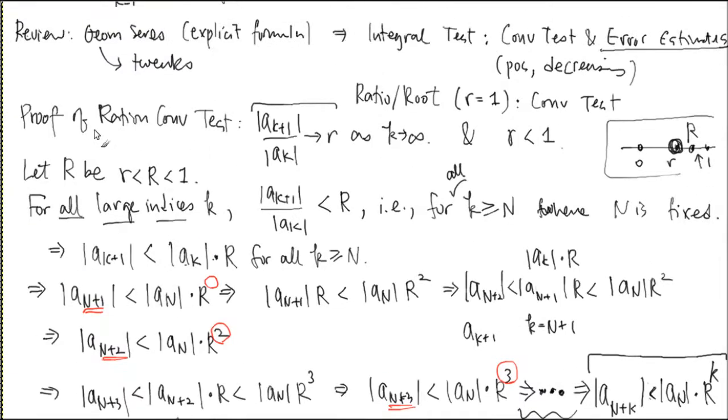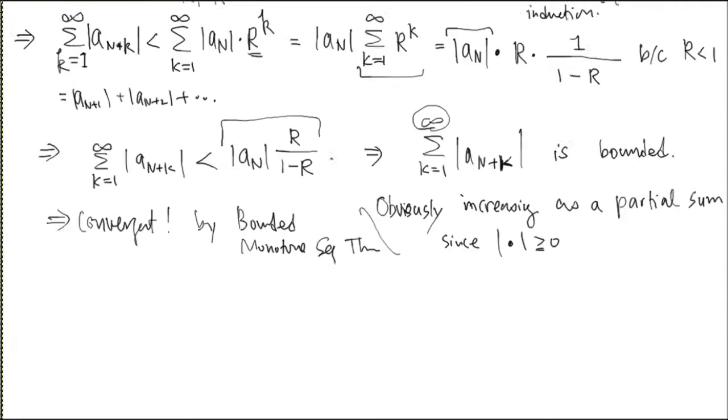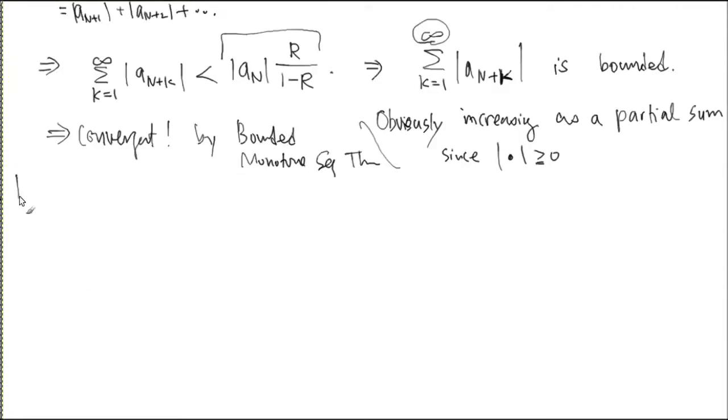This only shows the case where the series is convergent. How do we conclude it's divergent? Proof of the ratio divergence test.